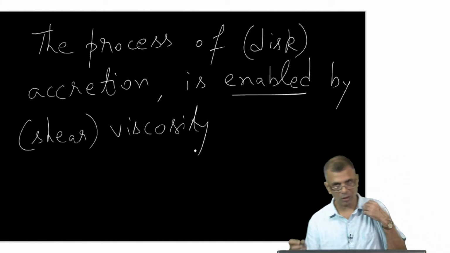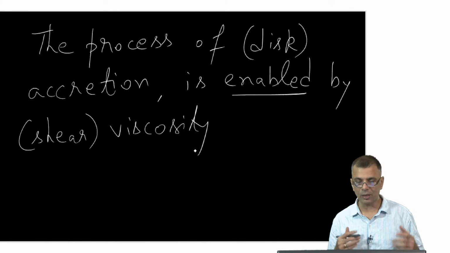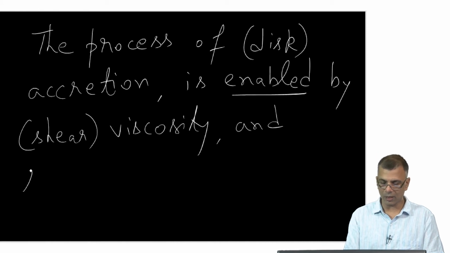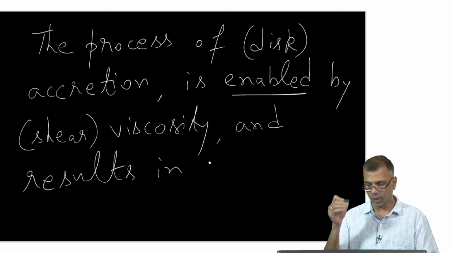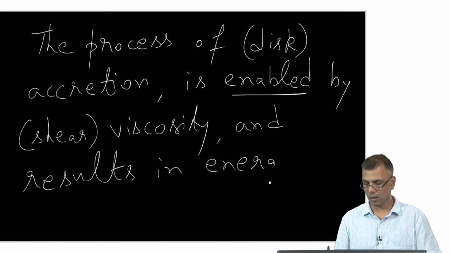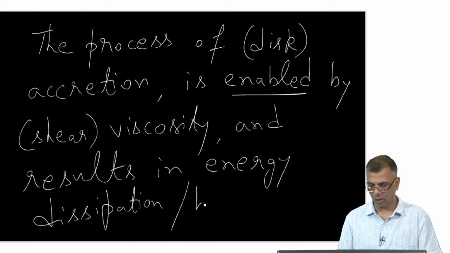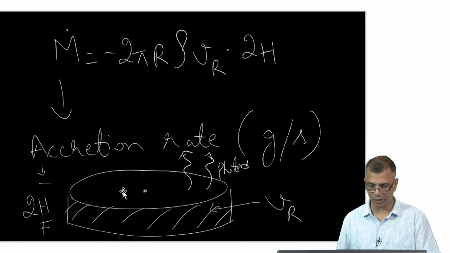Hence, and we saw how shear viscosity is parameterized in terms of the alpha parameter, right. So, it is enabled by the shear viscosity, okay, and results in energy dissipation, heating of the disk, heating of this entire disk here.